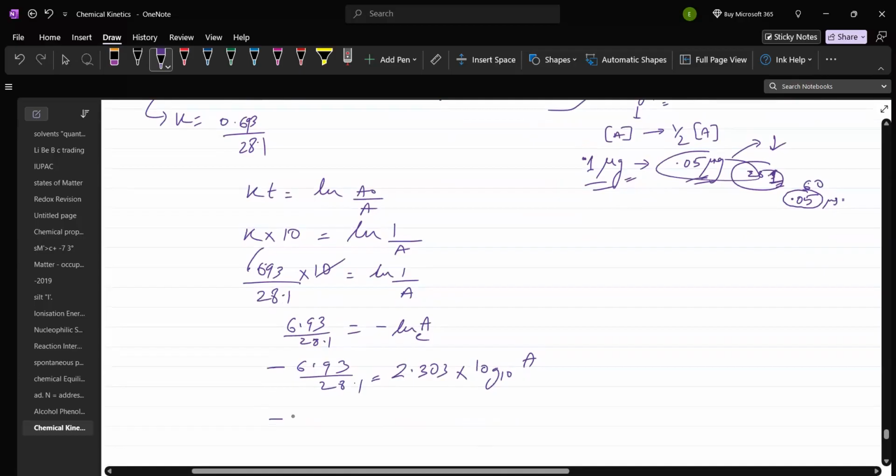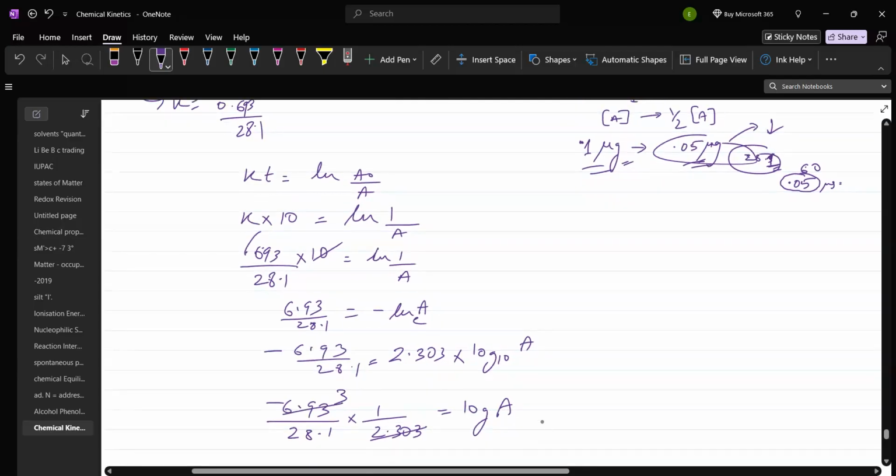Let me tell you, this will be a rough calculation, or you can say a tough calculation. 2.303 is equal to log of a. This is 3 times.